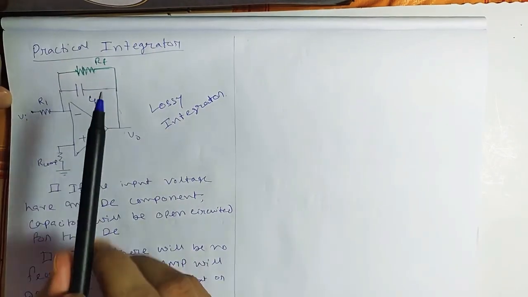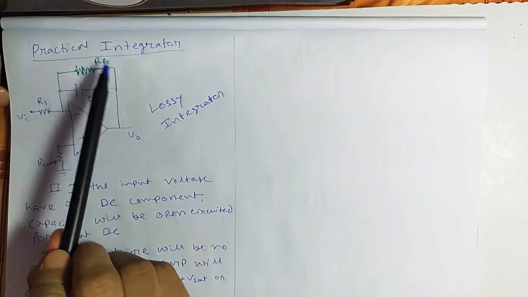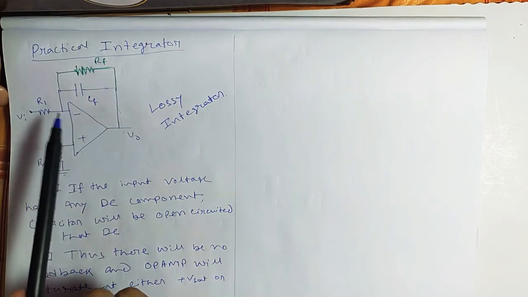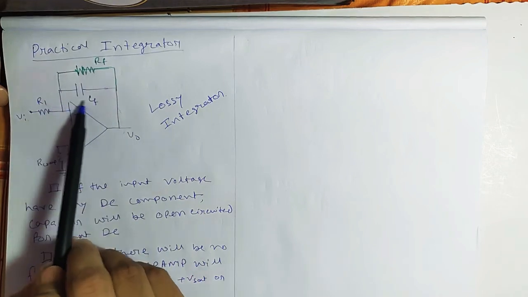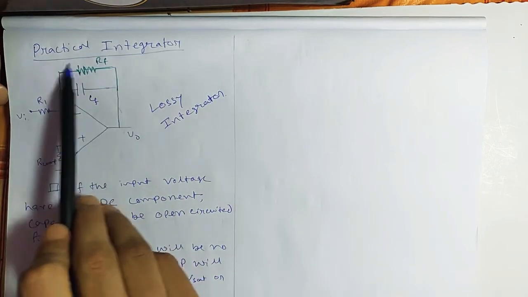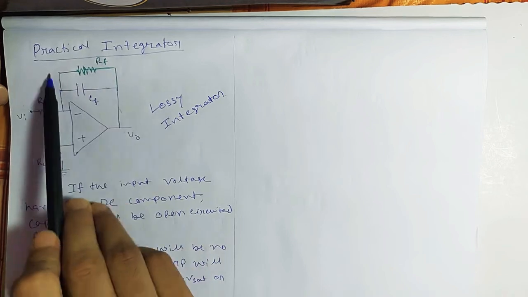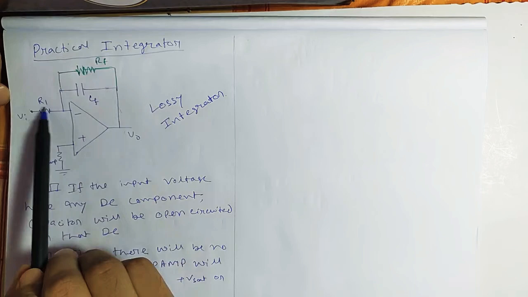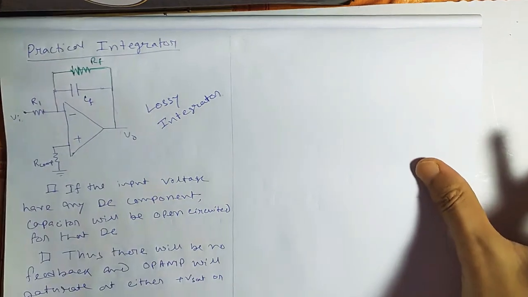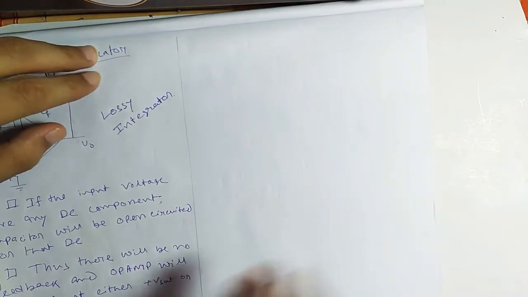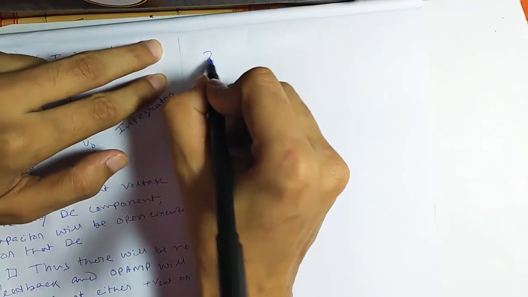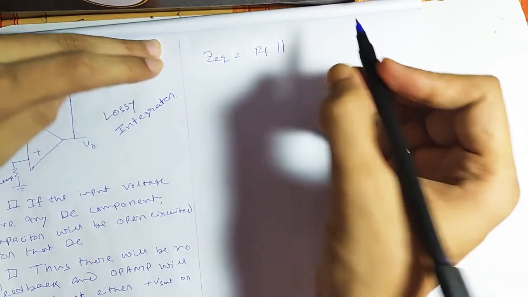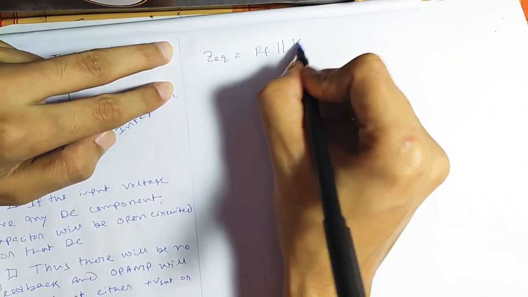This circuit is similar to the inverting amplifier circuit, and we know the inverting amplifier gain is minus RF by R. So this RF here is replaced by this network. So we need to find the equivalent impedance of this network. Then this gain will be that impedance by R1. This impedance we will find in the Laplace domain, that is ZEQ. It will be RF parallel with 1 by SCF.